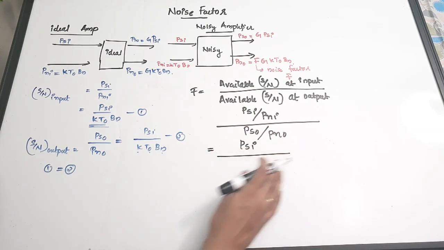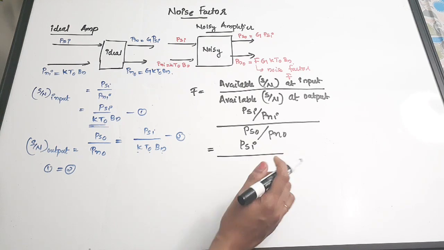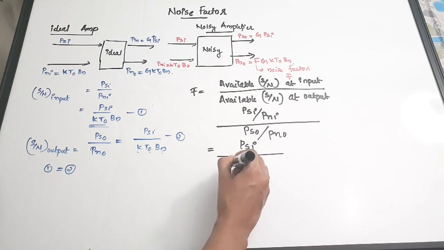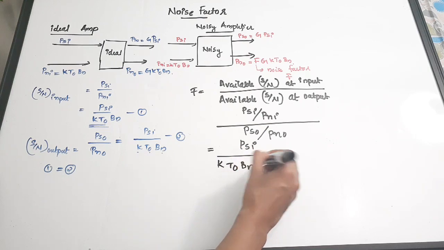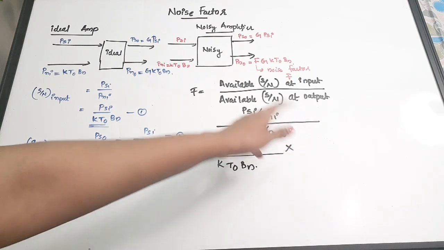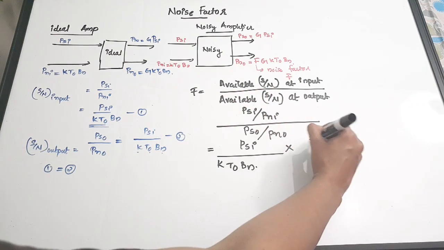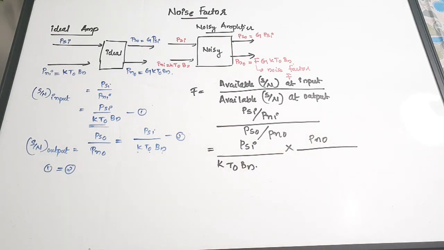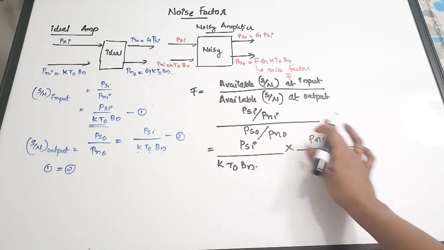Okay, now we'll put the values for these terms and we'll get PSI by PNI, which is KT0Bn, into, we'll cross multiply these terms, Pn0 will come at the numerator. So Pn0 we put as it is, because we want to define the noise factor in terms of the output noise power.